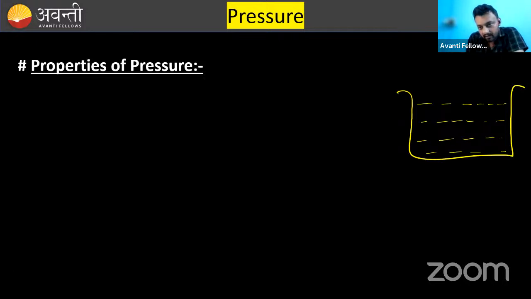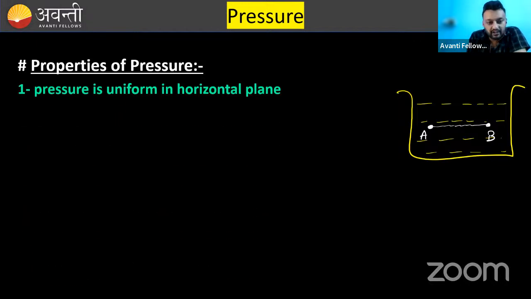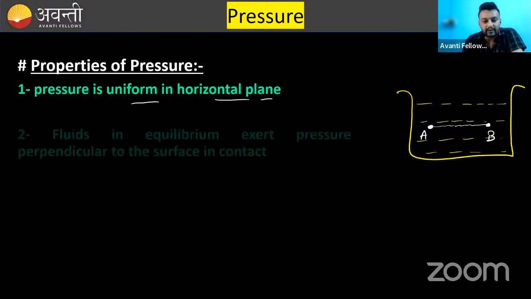In the same horizontal plane, pressure remains constant. Let's suppose this is a point A, and in the same horizontal plane, there is a point B. So the pressure at these 2 points will be the same. This is the basic property. Pressure is uniform in a horizontal plane. Is it clear?